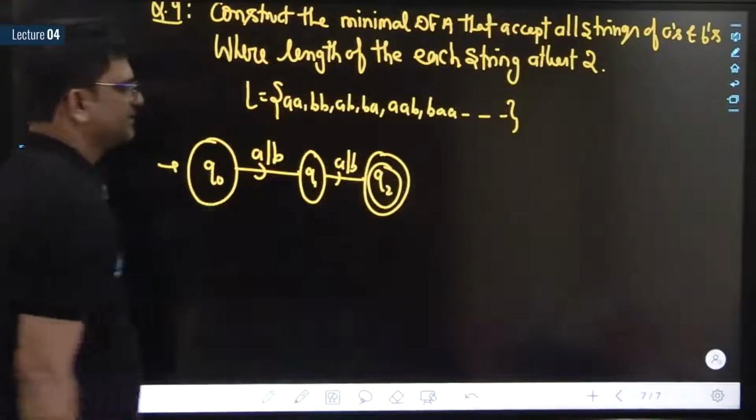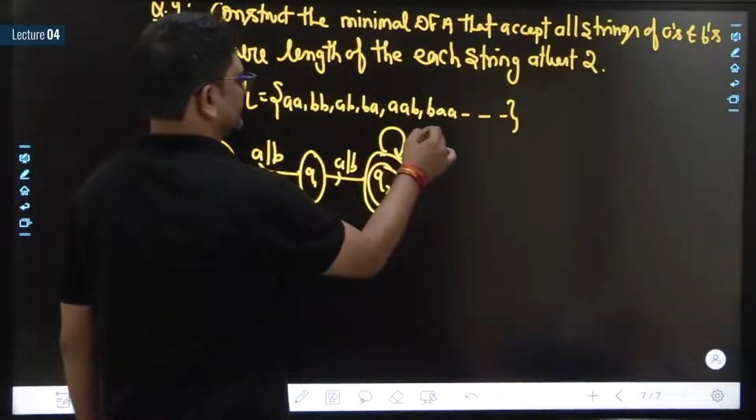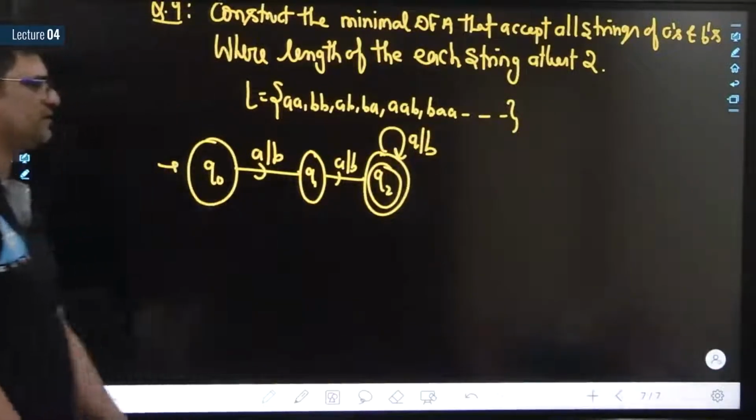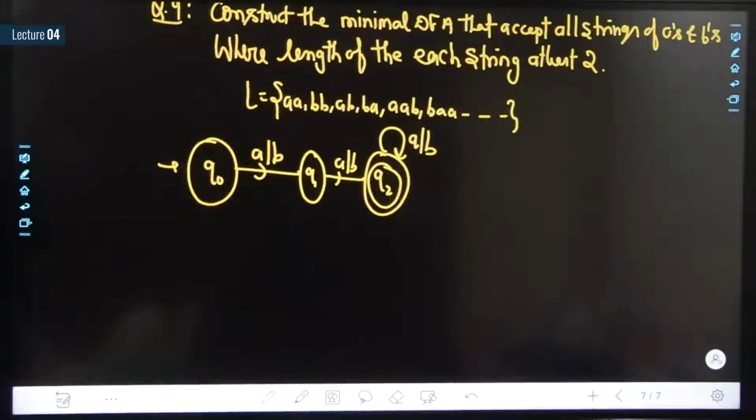After that, any number of A's and B's can come. This is the DFA for the length of the string being at least 2. Clear?